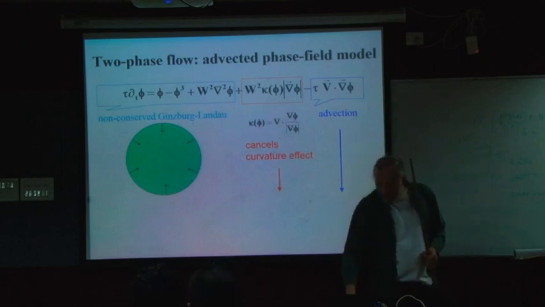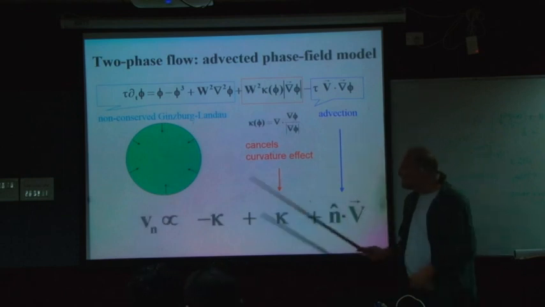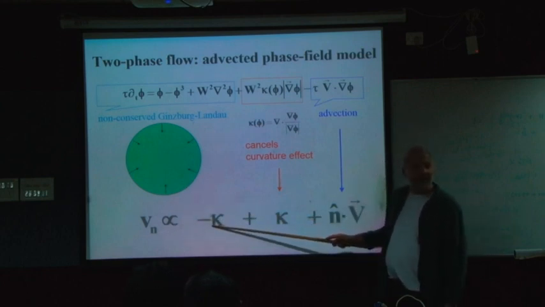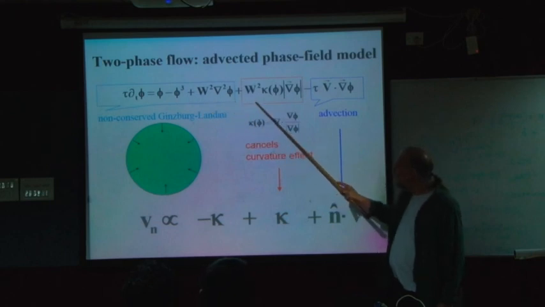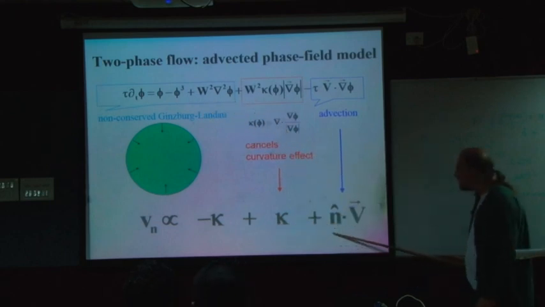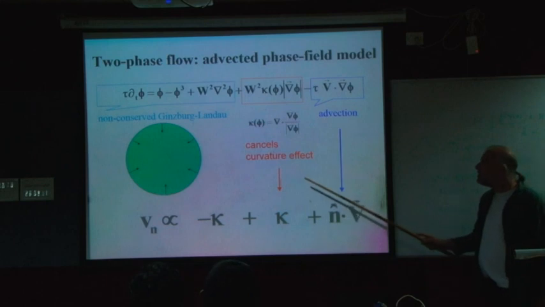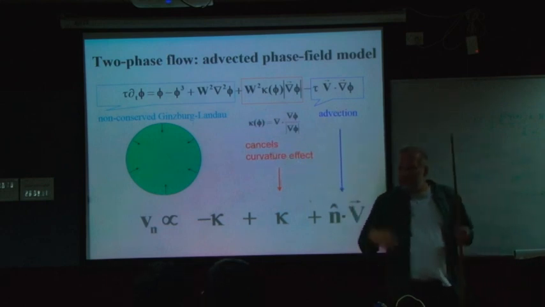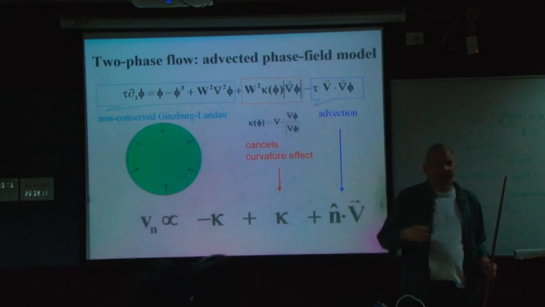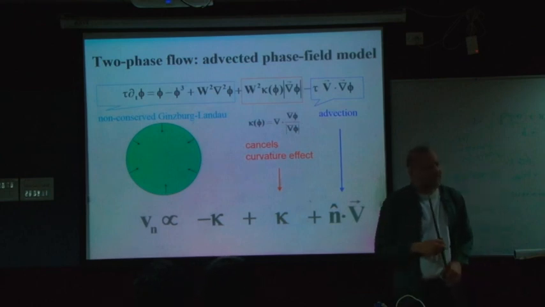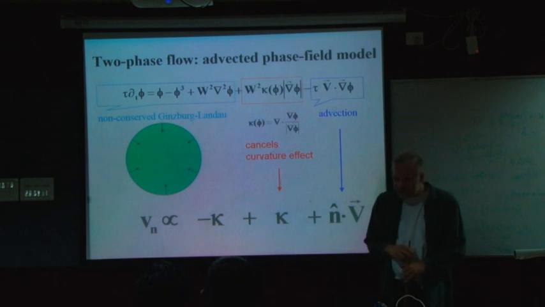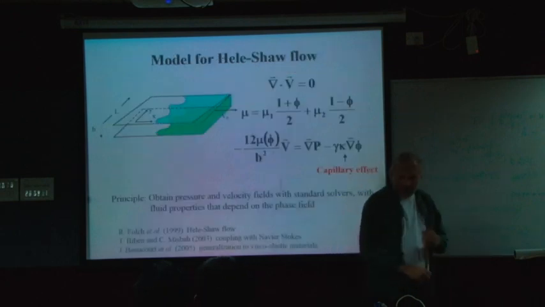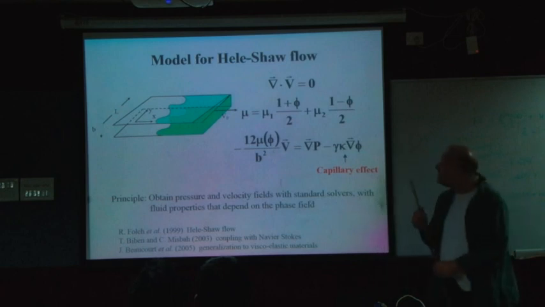So if you summarize what this does, the normal velocity of the interface would be equal to minus the curvature of this part. This part cancels that, so in the end only the advection term remains. So what this equation does is it gives you an interface that just stays in place, except if the fluid transports it. Okay? And then once you have this phase field equation, well, you take this into the Hele-Shaw problem.